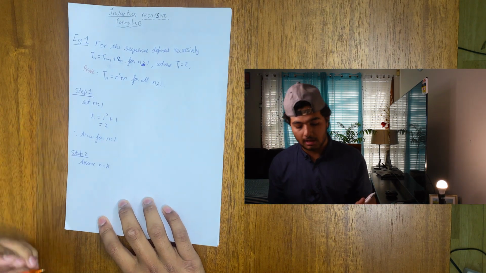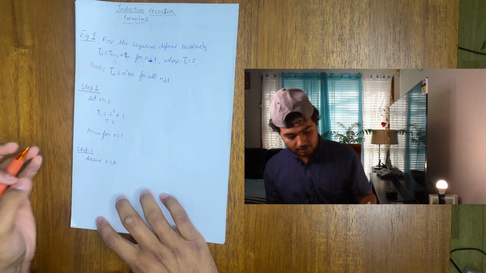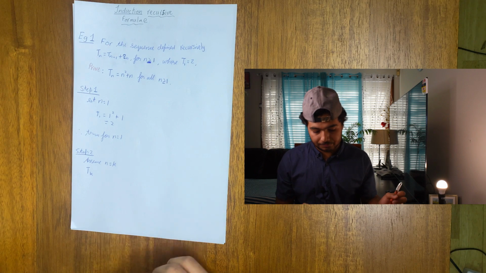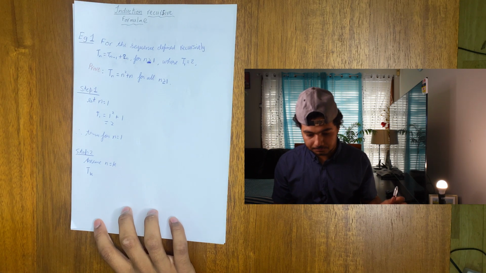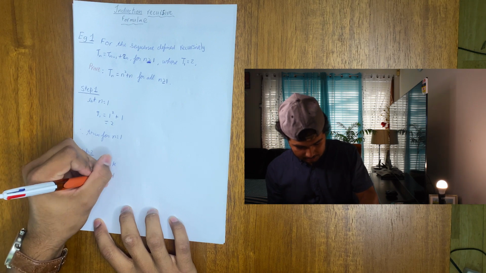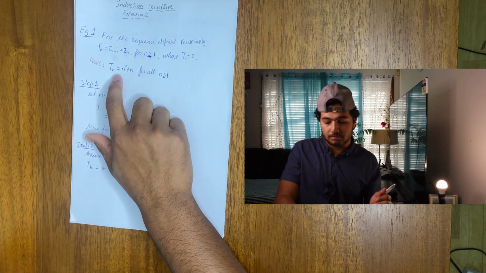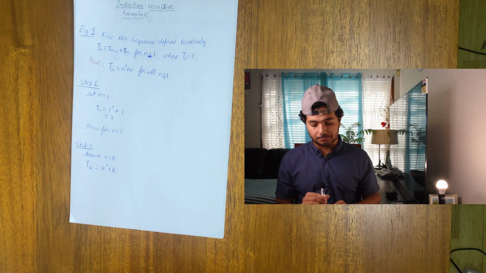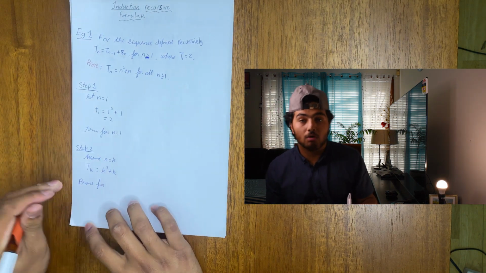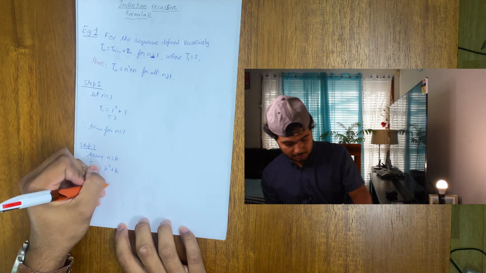Subbing n equals k into this, it becomes t of k equals k squared plus k. Now prove for n equals k plus 1.